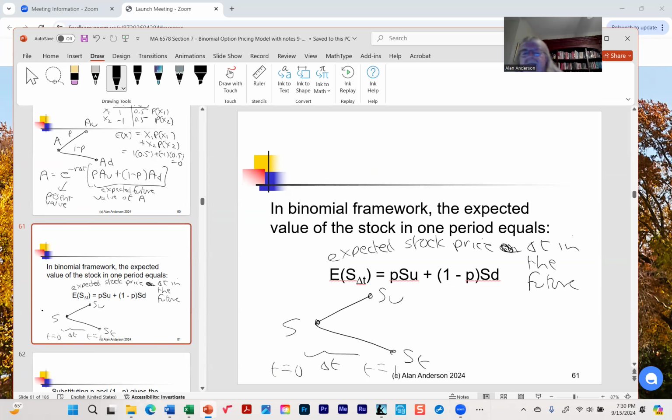Since there's only two possible outcomes, P means we've gone up, 1 minus P means we go down.